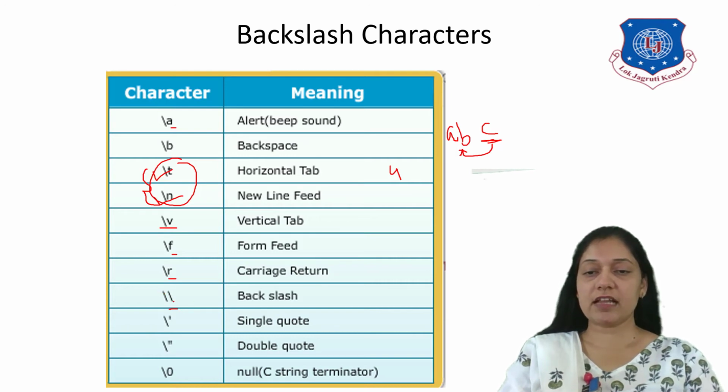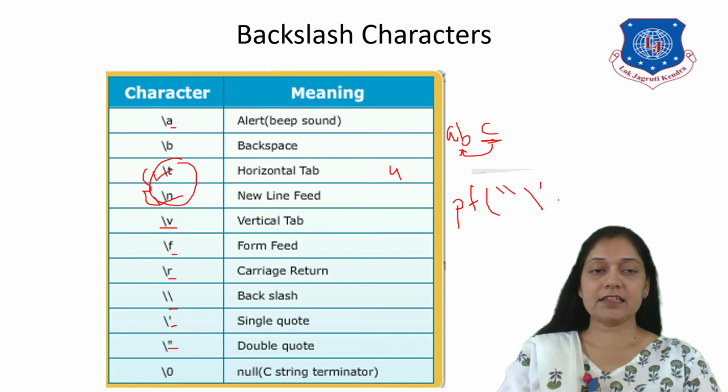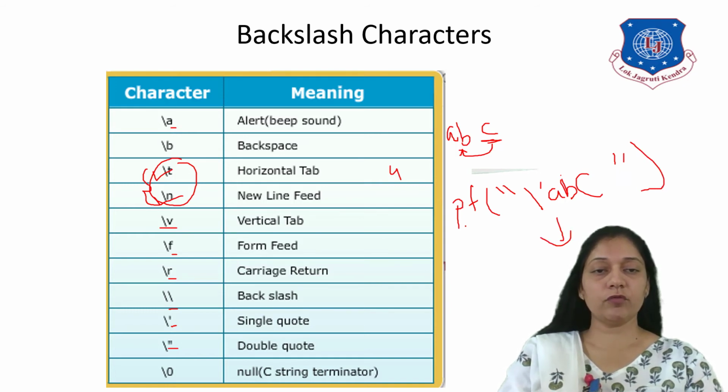If I want to use a backslash in my output, then I'll use a double backslash. If I want to have single quotes or double quotes, then I can use backslash single quote and backslash double quote. Suppose I write printf, double quotes, backslash single quote A B C, double quotes and bracket close. Then in this case, the single quote would be displayed, and then my characters A, B, C would be displayed onto the screen.